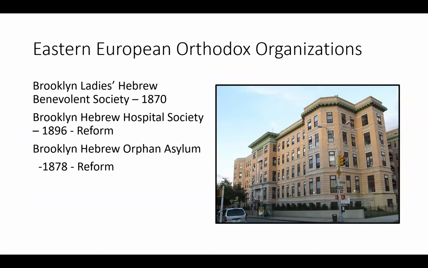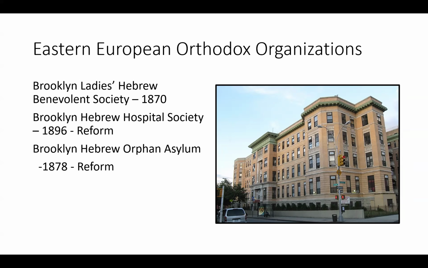The Eastern European Jews built their own separate Jewish establishments. They wouldn't go near an old German Reform synagogue. The Orthodox Jews wanted to preserve their Eastern European culture, language, Yiddish, and religious traditions. And so they built the infrastructure of an ethnic neighborhood.